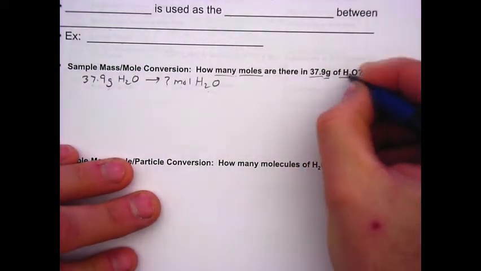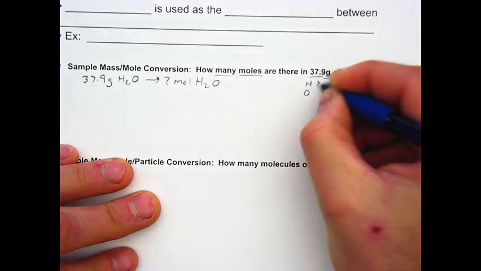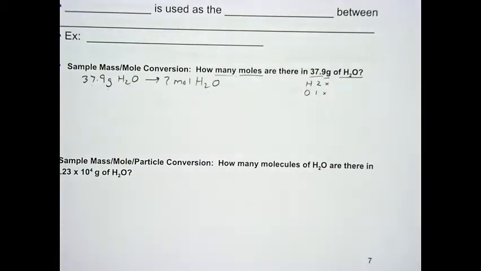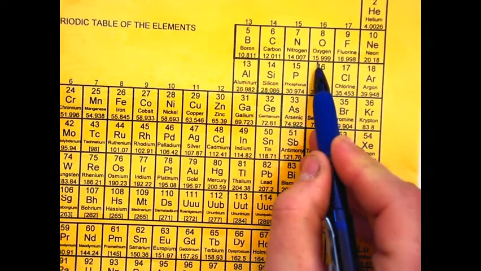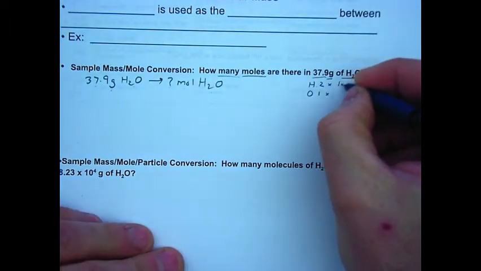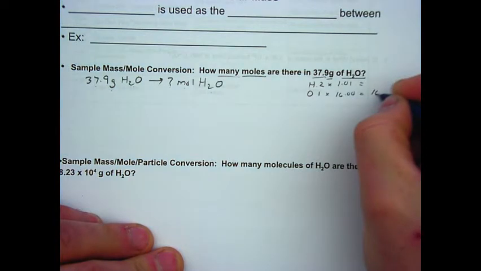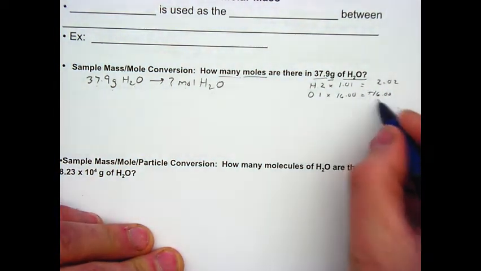Water has 2 hydrogens and 1 oxygen. We multiply how many of each one we have times their average atomic mass from the periodic table. Oxygen is 16, hydrogen is 1.01. We get 16 for oxygen, 2.02 for hydrogen.